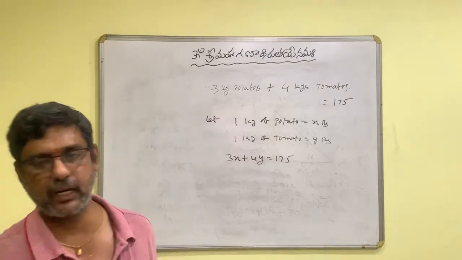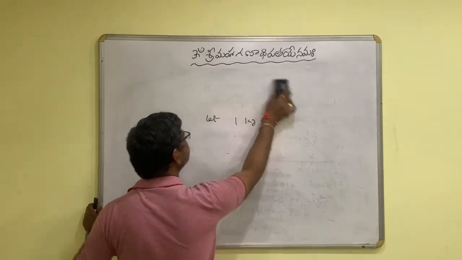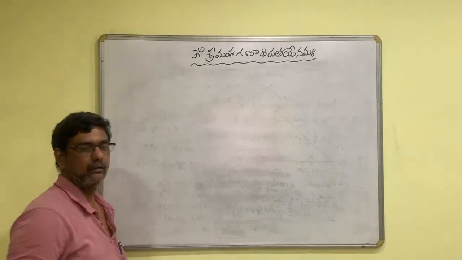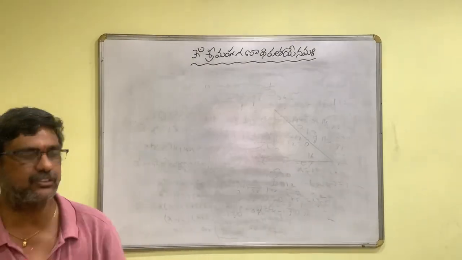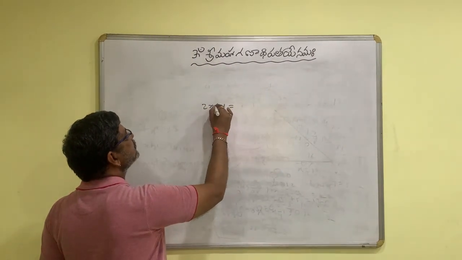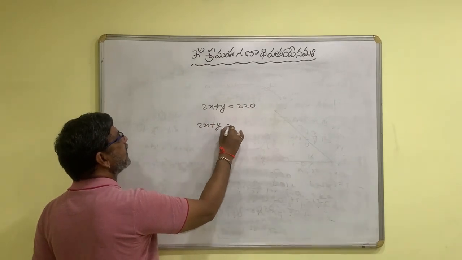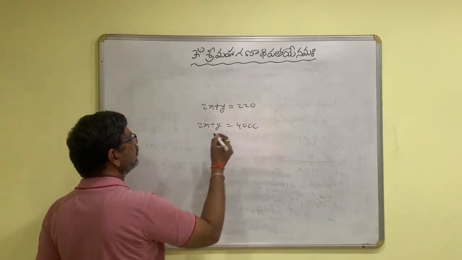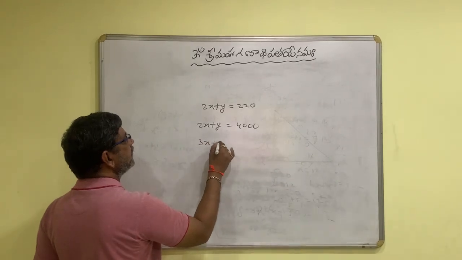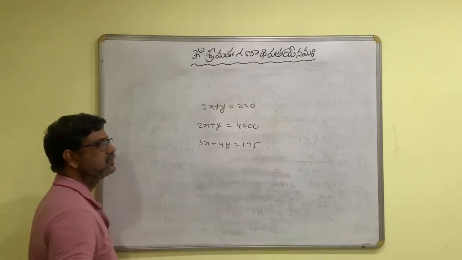Now children, I gave you 3 situations. The 3 situations are, first one, 2x plus y is 220. Second one, 2x plus y is equal to 4000. Third one, 3x plus 4y is equal to 175.